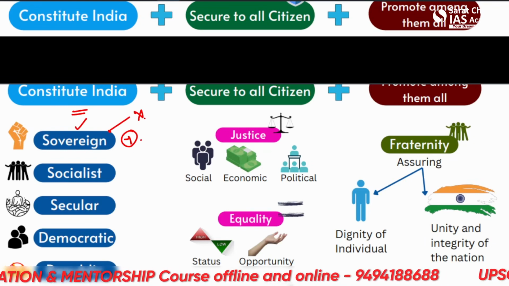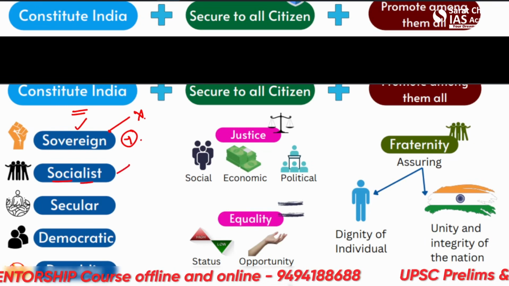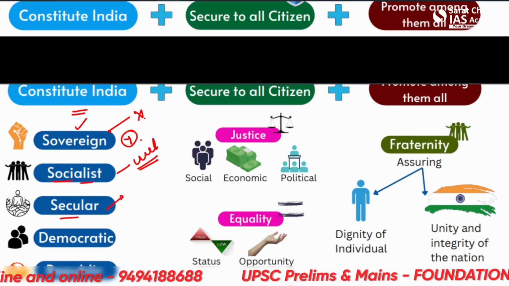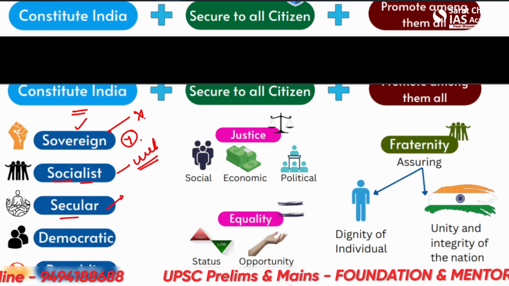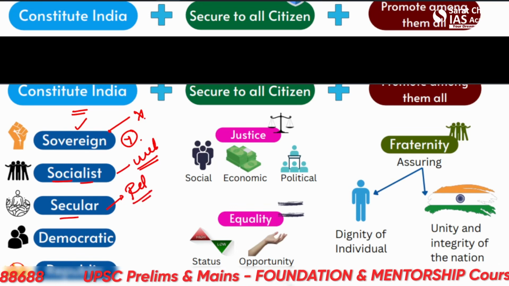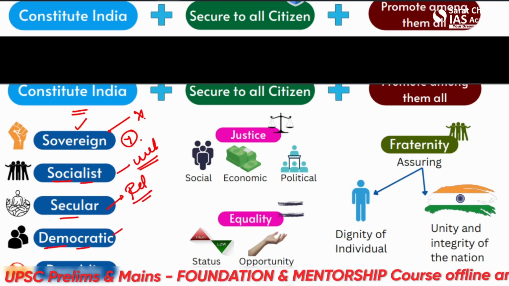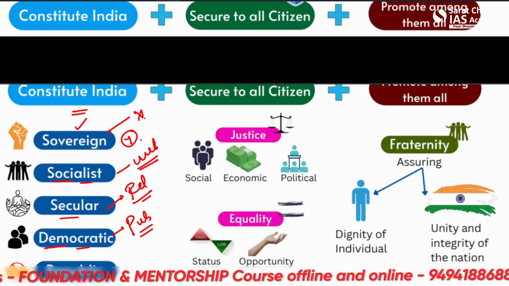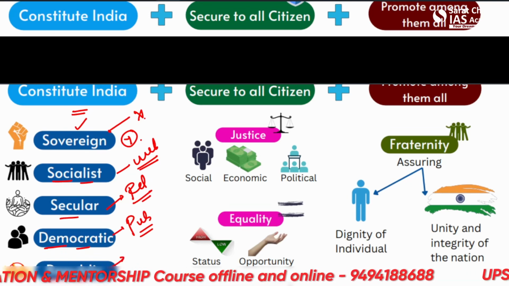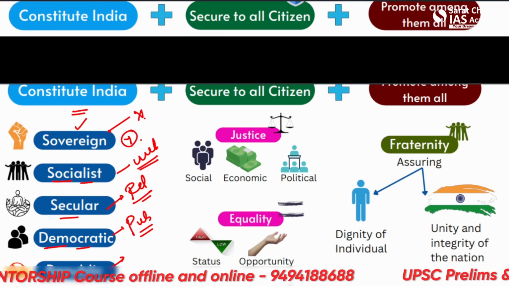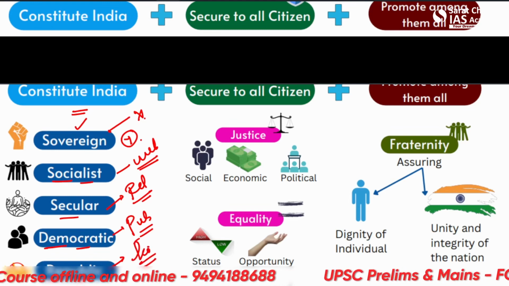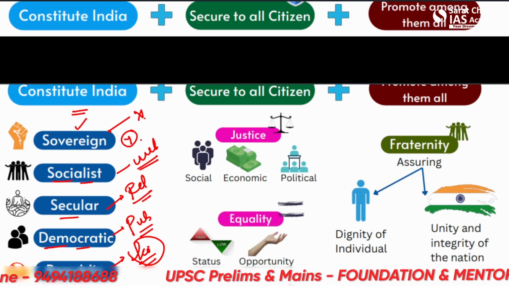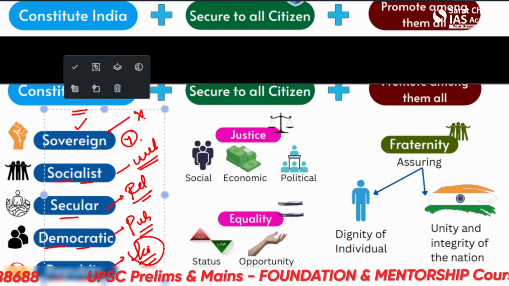We are the highest power ruling ourselves. Socialist means a welfare state. Secular means which respects or treats all religions equally. Democratic means governed by the public indirectly, as well as a republic. The republic's definition is that it has no hereditary king. Alright, so these are the five things that we pledge to constitute India into.